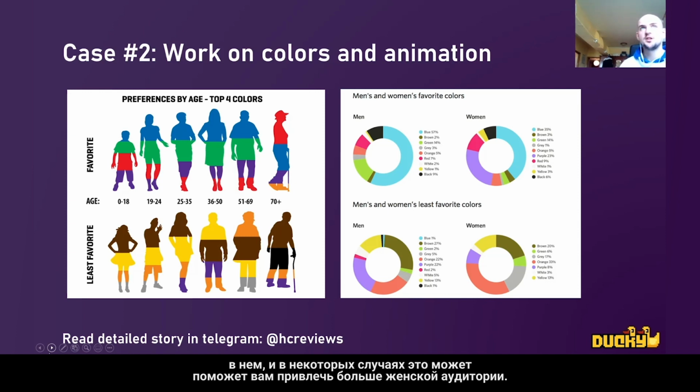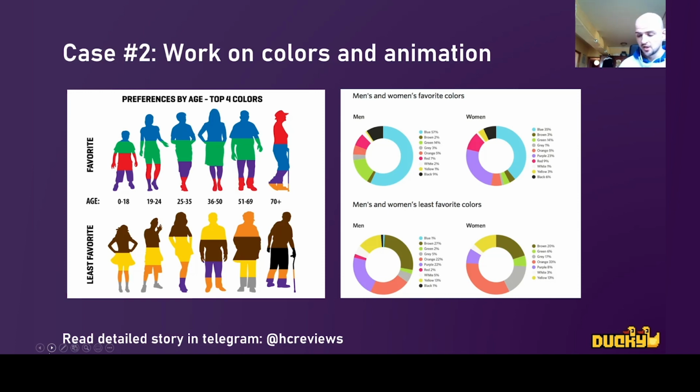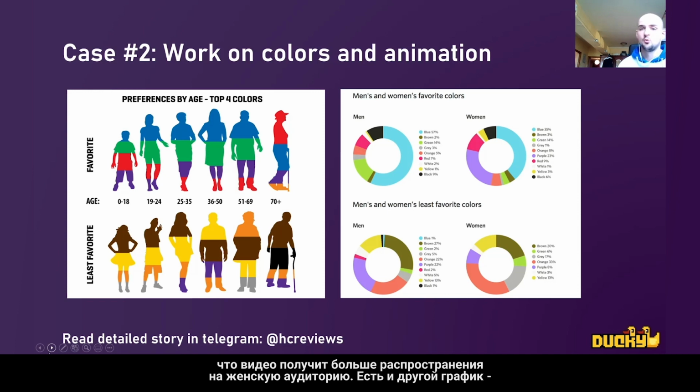In some cases, it can help you to bring more female audience, especially if we are talking about Facebook, which has specific learning algorithms. They are quite sensitive to color distribution of your video, and if you have more purple in your video, there is a higher chance that your video gets more distribution among female audience.